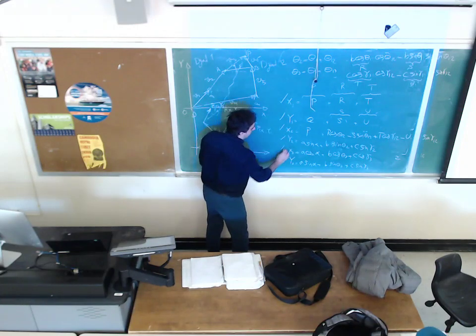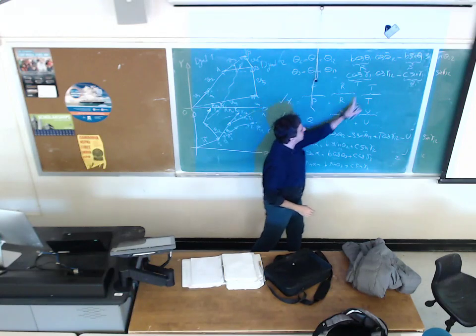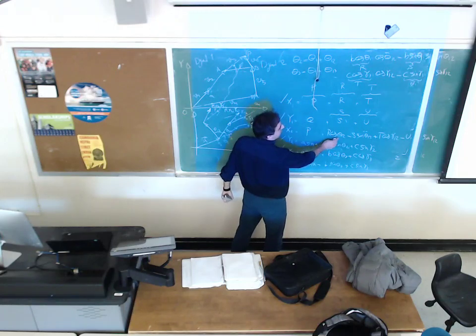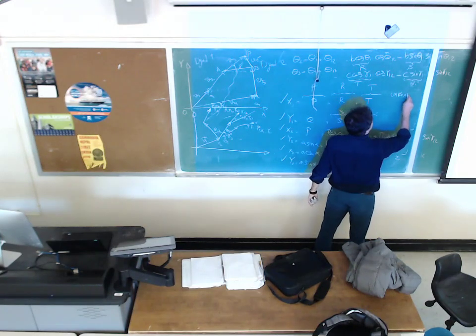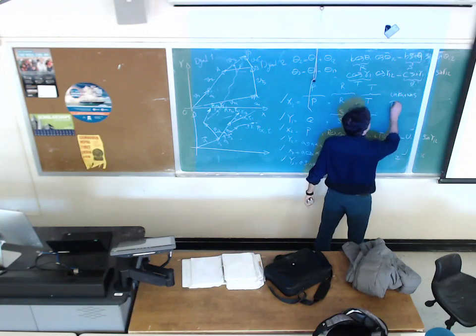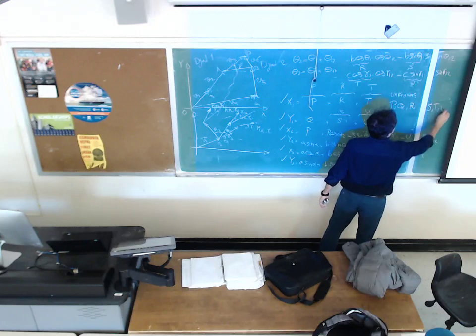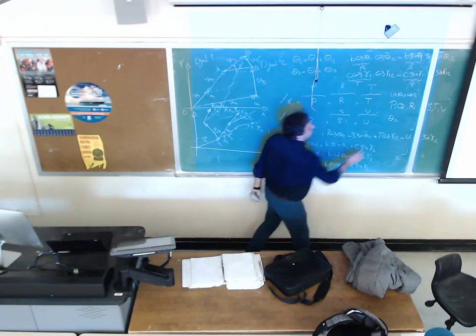X2, Y2 are known. P, Q, R, S, T, U are unknown so far. Theta 12 is unknown. So I'm just writing P, Q, R, S, T, U, theta 12. Gamma 12 is known.